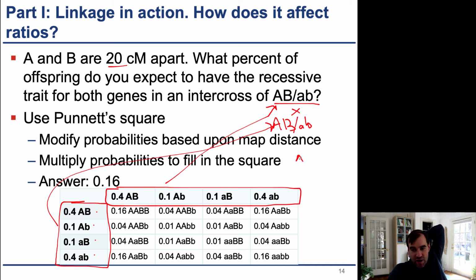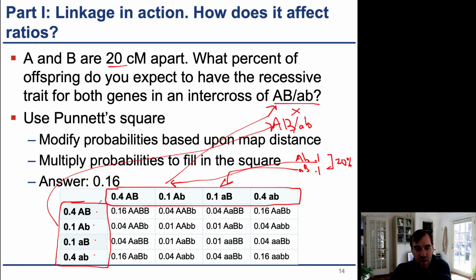So the recombinant gametes are big A, little a, big B. And because the map distance is 20 centimorgans, we know that a total of 20% of the gametes that are produced are one of these 2. And so we simply split it up. So 0.1 and 0.1, and you add that together, that's 20%. So that's where we got this number right here and this number right here.